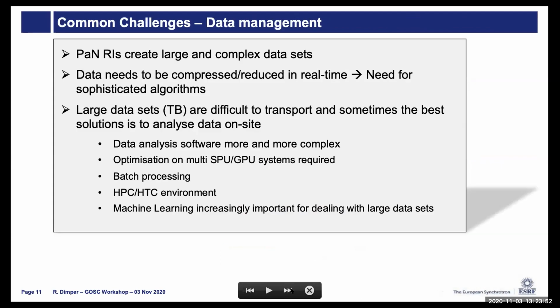Now, data is becoming more and more complex. It's not easy for our scientists visiting us to understand what the data really is coming out of the experiments. So we have to help them usually. The data sets are in the terabyte regime these days, and they are constantly and quickly growing.